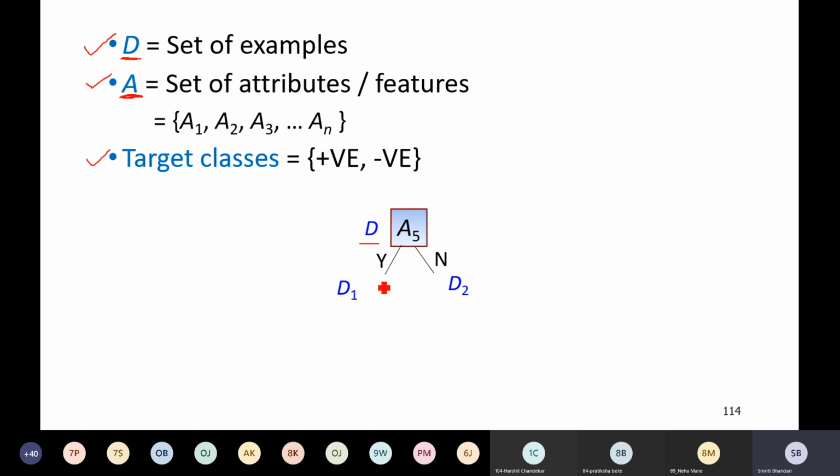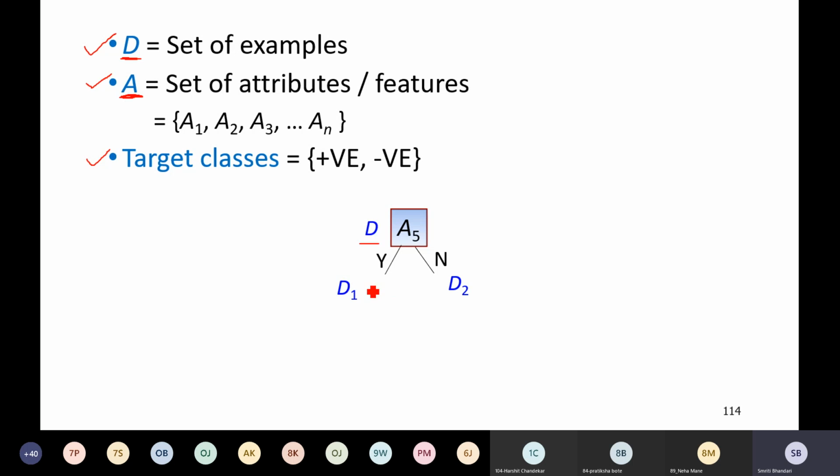As I stated, D1 is one subset. Similarly, we have all the remaining samples in set D2. D2 is the subset wherein we have the examples such that the A5 value is no. So D is being split into two subsets, D1 and D2.